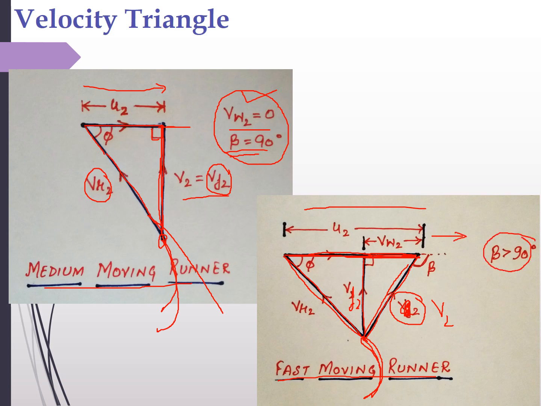So in that case, beta is greater than 90 degrees. For a slow moving runner, beta is less than 90 degrees. For a medium moving runner, beta is equal to 90 degrees, and for a fast moving runner, beta is greater than 90 degrees.